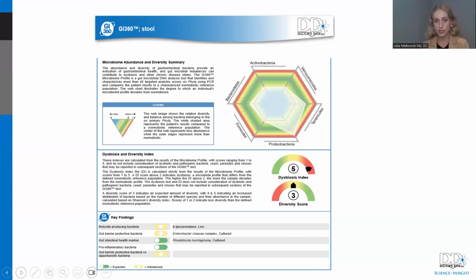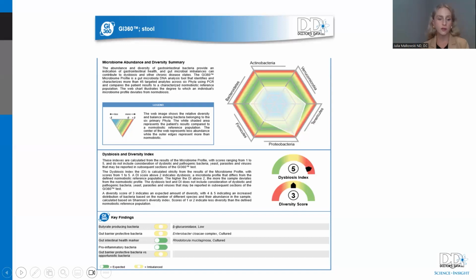These are the bacteria represented here. So for this patient, we know that those bacteria that are involved in that healthy mucosal barrier integrity are lower. In this case, the patient is going to be at risk for decreasing mucosal barrier integrity and then intestinal permeability. That potentially allows for translocation of inflammatory bacteria and products.